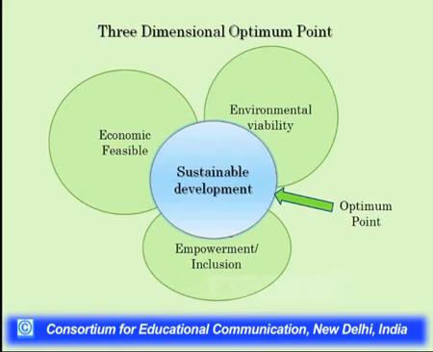Then, both economic and social dimensions. The third one is sustainable development through the social dimension, which is called empowerment, inclusion. Since many decades, you must have heard about empowerment. In any country in the world, when passing from the second to the third stage of demographic transition, you find the concept of empowerment.